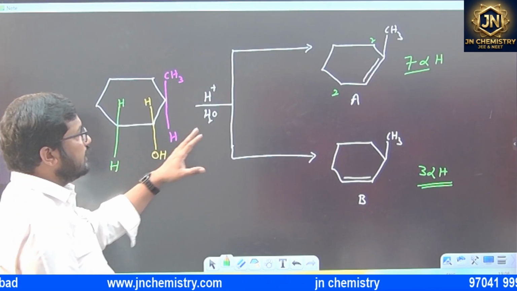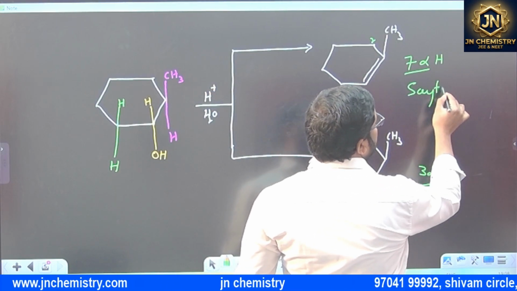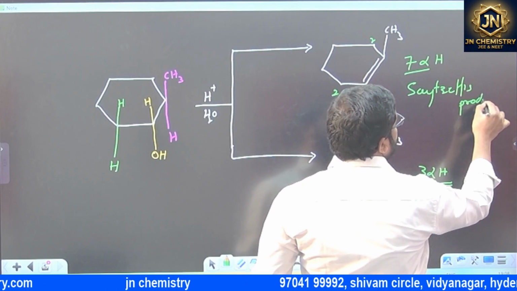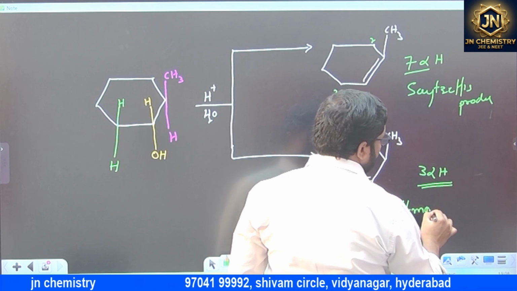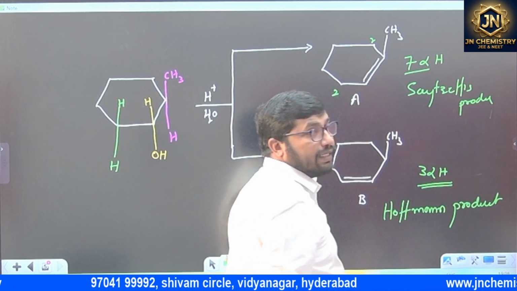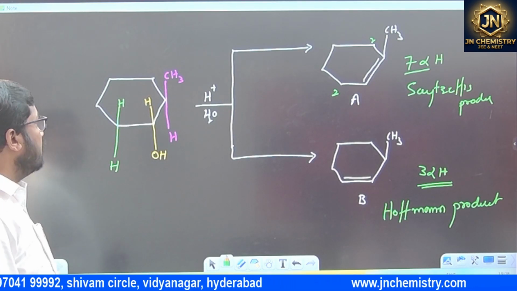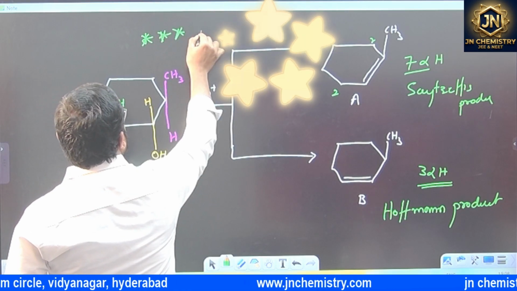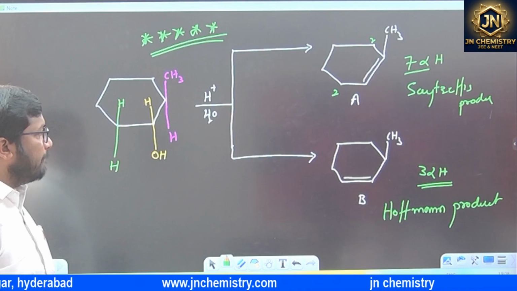So basically this is the Saytzeff product and this is the Hofmann product. Yesterday I explained that when we use a bulky base, we get the Hofmann product. But this is an exceptional case. Put 5 stars, exceptional case. Write it down.